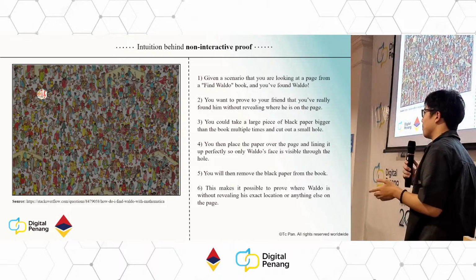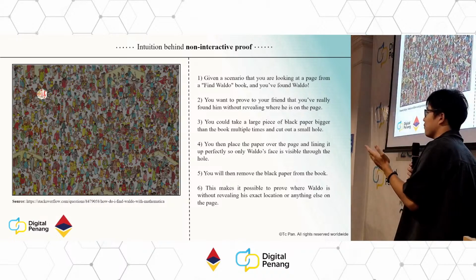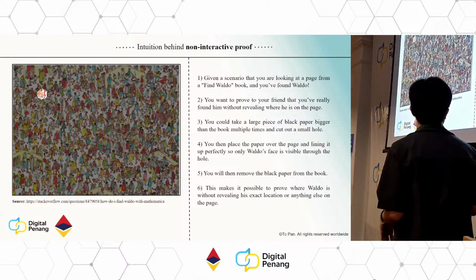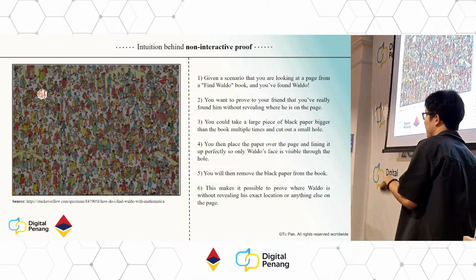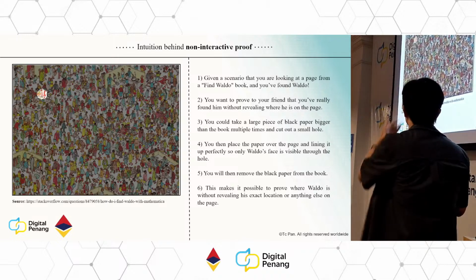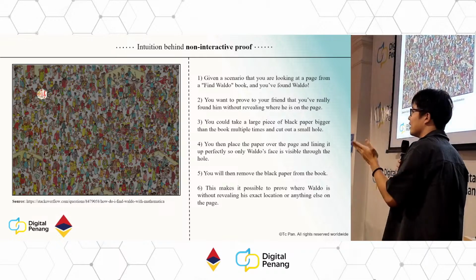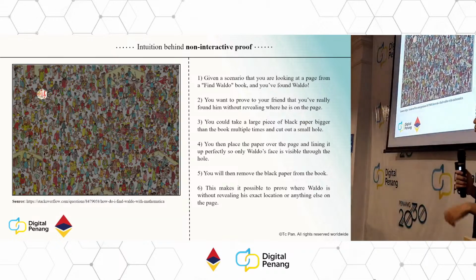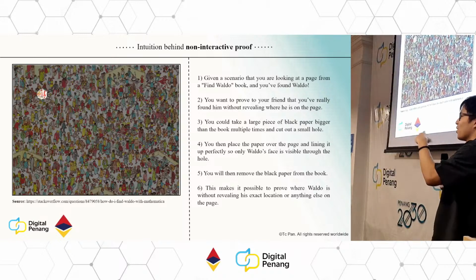You then place the paper so that it lines up perfectly, so only Waldo's face is visible through the hole. Then you remove the black paper from the book. This makes it possible to prove you can locate Waldo without revealing his exact location or anything else on the page. Basically, this can be done in only one run, so there's no need for constant communication.